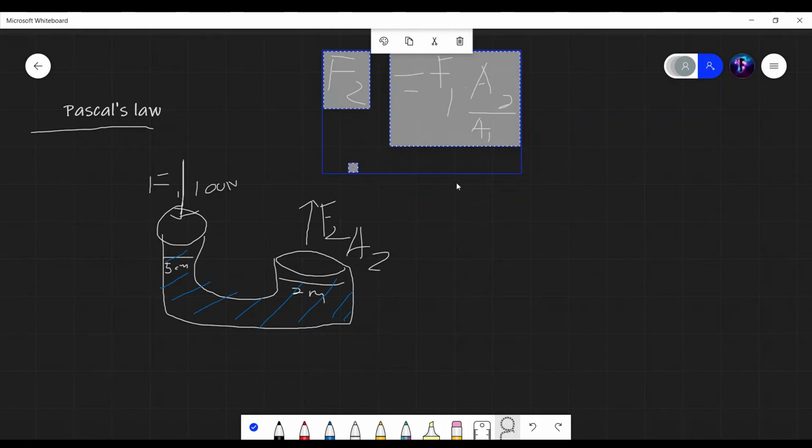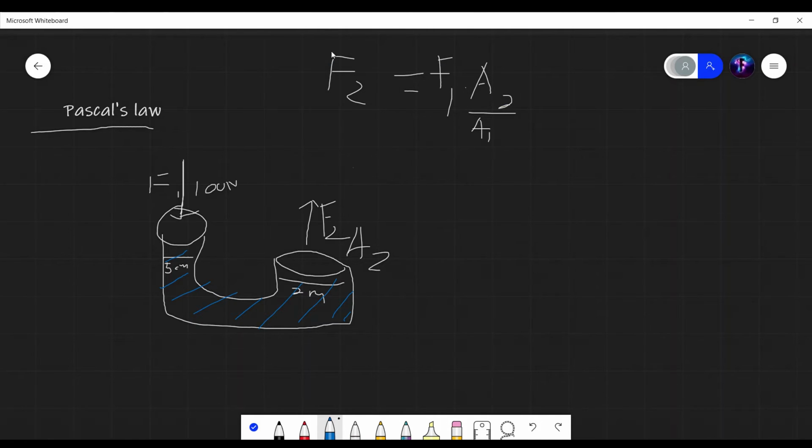Move right here, and then I'm going to outline in blue, so you know how to find F2. To find F2, we know that F1 is right here. Let me write again: F2 is equal to F1, which is 100 newtons, times A2.